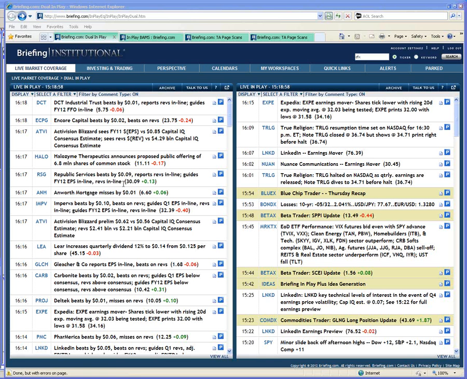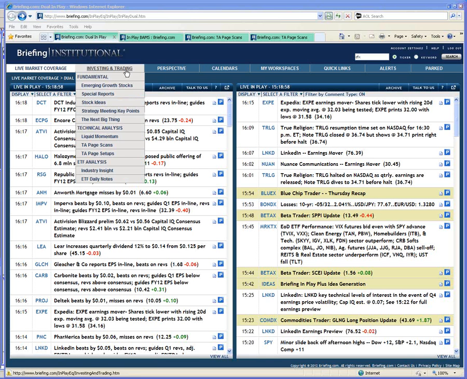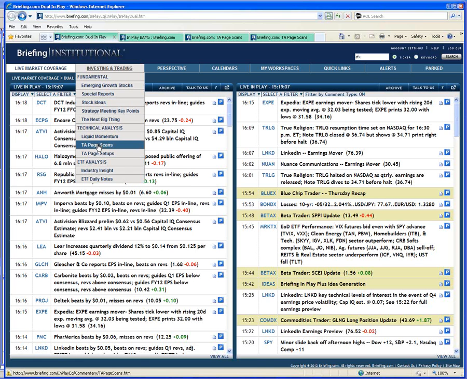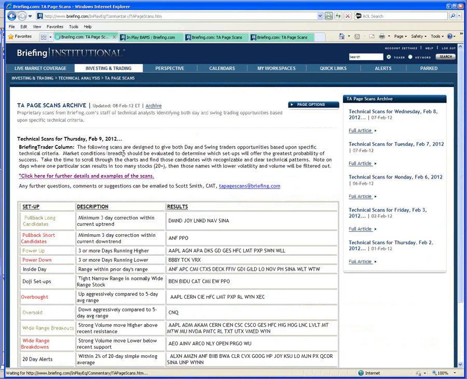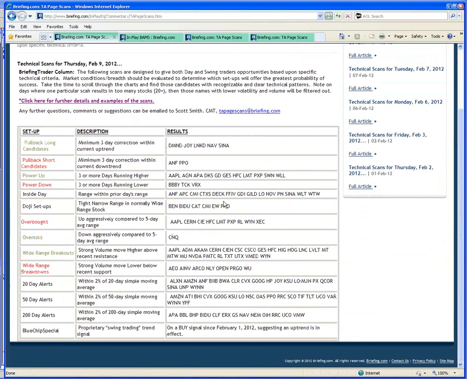Today I'm basically going to be focusing specifically on the technical scans that we provide through the Briefing Trader service. You can find them through what are called the TA page scans. When you click on them, they bring you to this table that I created about 5 or 6 years ago.